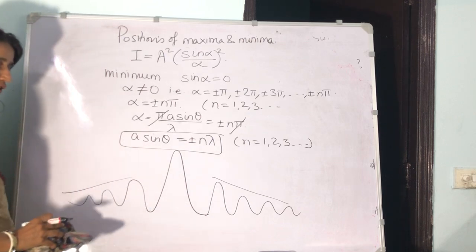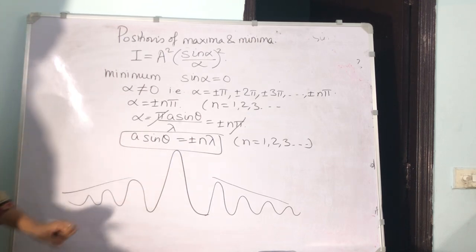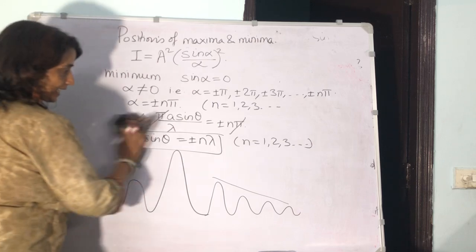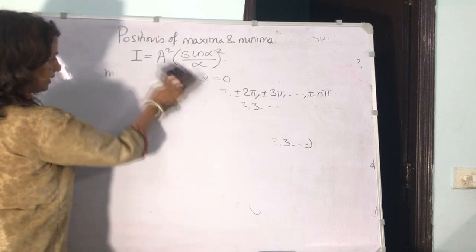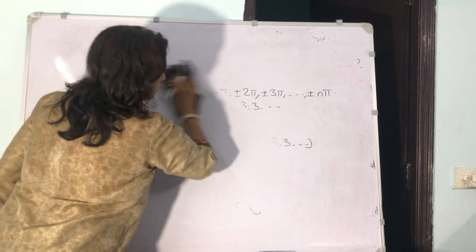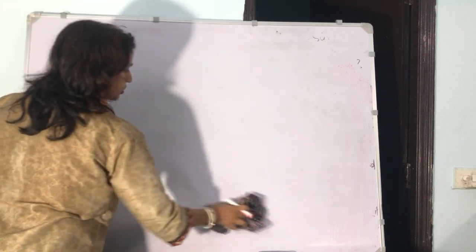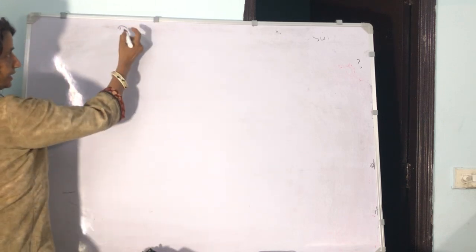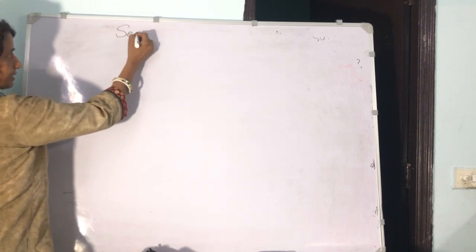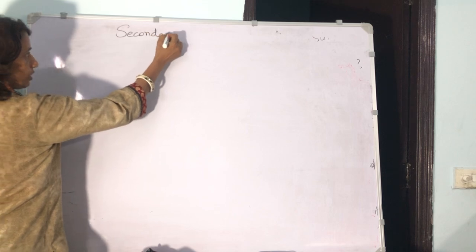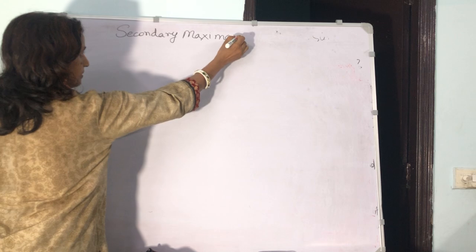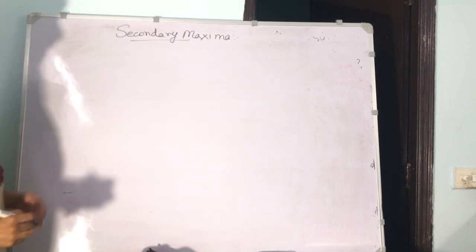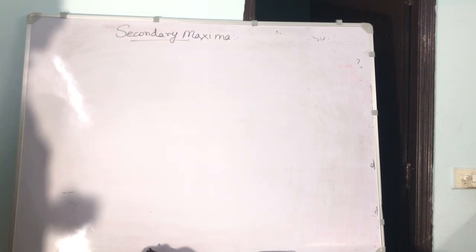In addition to principal maxima, we also get secondary maxima and minima in the diffraction pattern. Now how to find the secondary maxima? This is a new thing, you are listening for the first time. In addition to principal maxima, there are less intense secondary maxima.